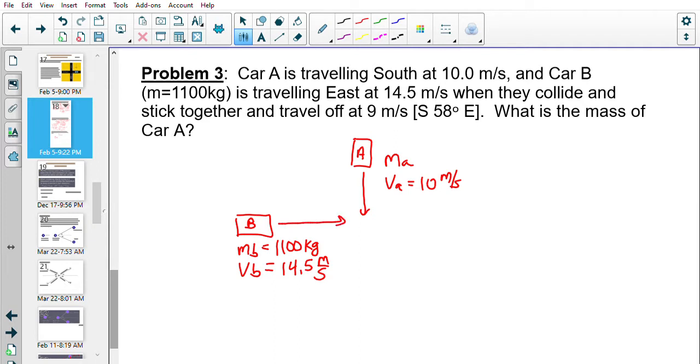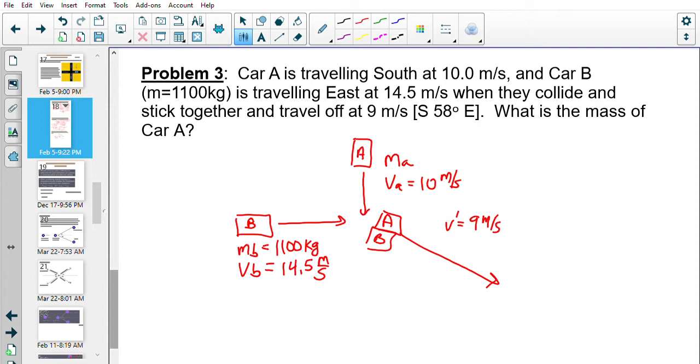And those two come in and collide. They stick together, A and B. They move off at this here, and we are told in the question that together they move off at 9 meters per second. So we're given the velocity.